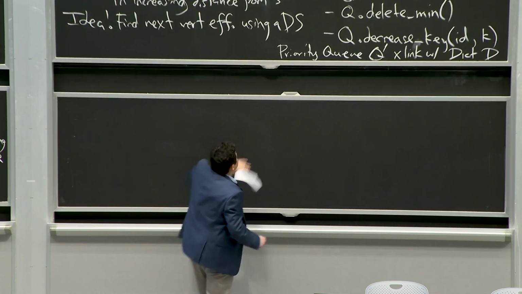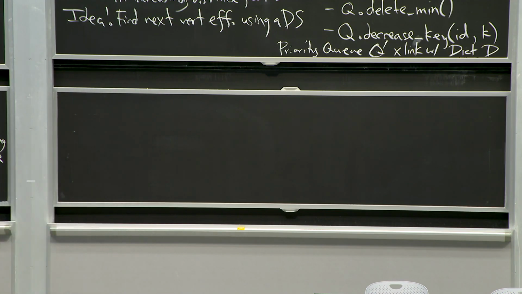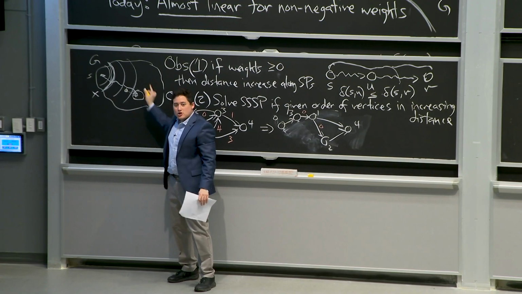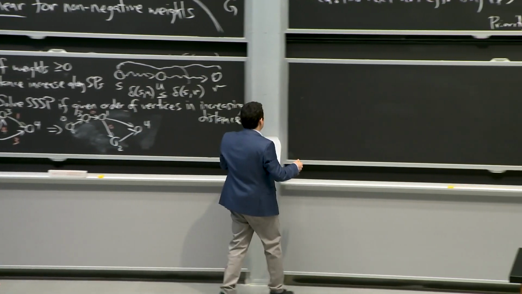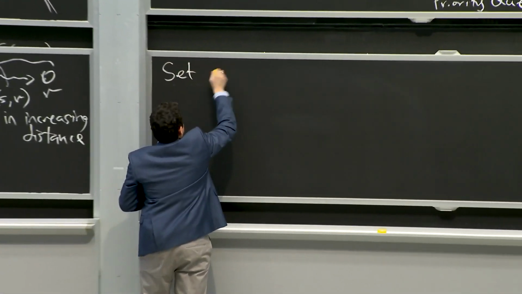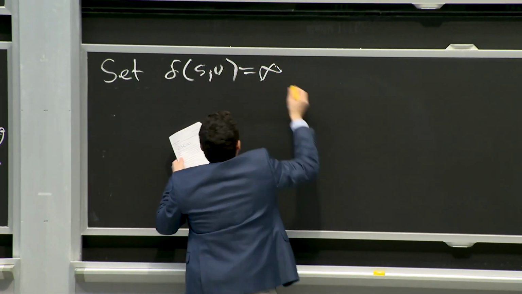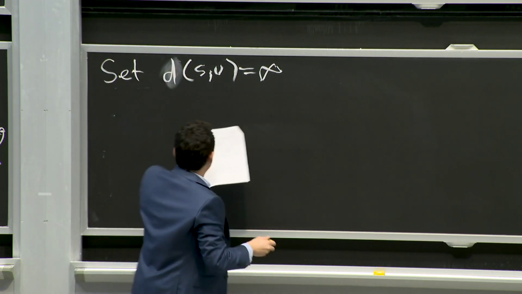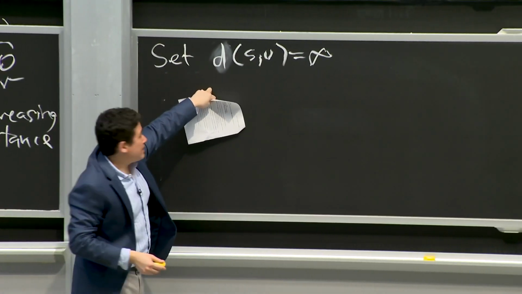We're going to use this data structure to keep track of our distance estimates to all of the vertices away from S. So this is Dijkstra's algorithm. Same initialization step. This is a distance estimate, d, not delta. We're going to want the d's to be our deltas at the end of the algorithm.